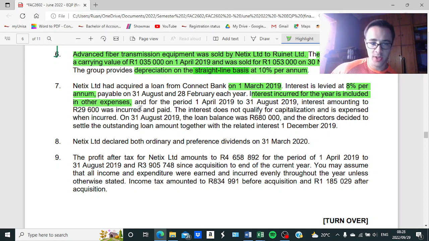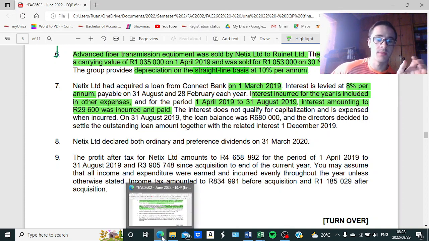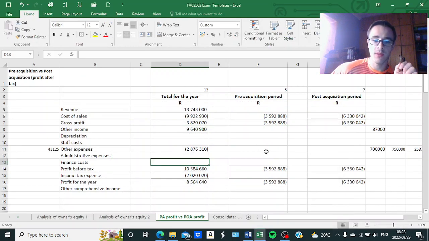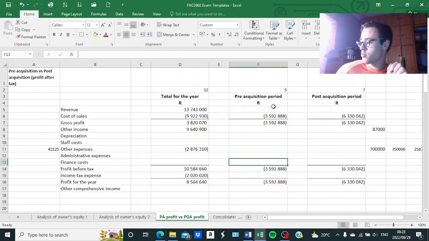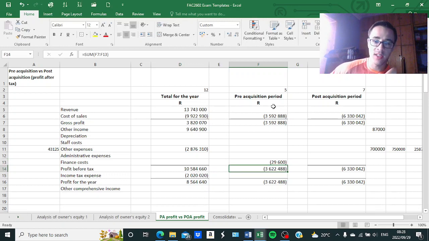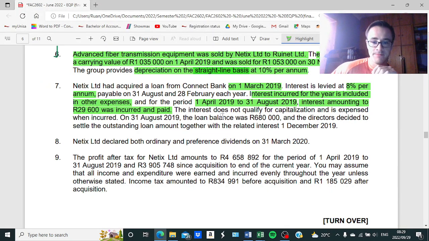So it's included in other expenses, and for the period 1 April 2019 to 31 August 2019, so for the pre-acquisition period, interest amounting to 29,600 Rand was incurred and paid rather. So you can input that for the pre-acquisition period. They have given this value.